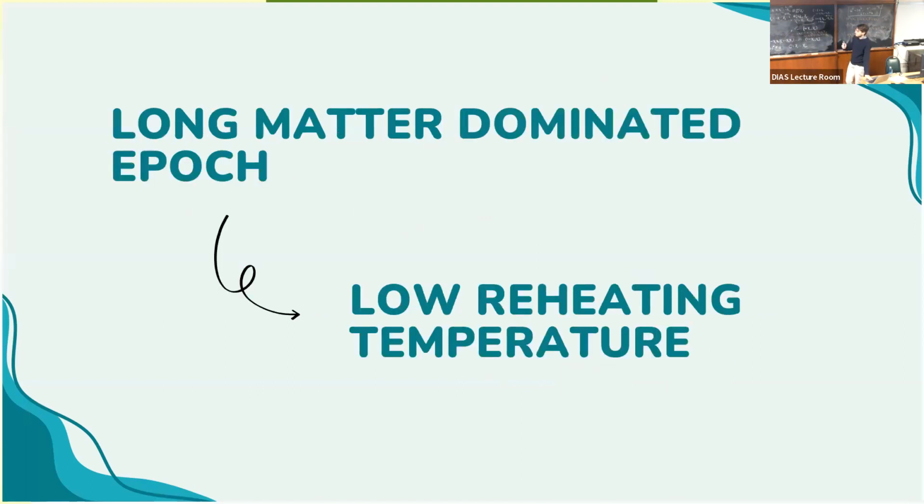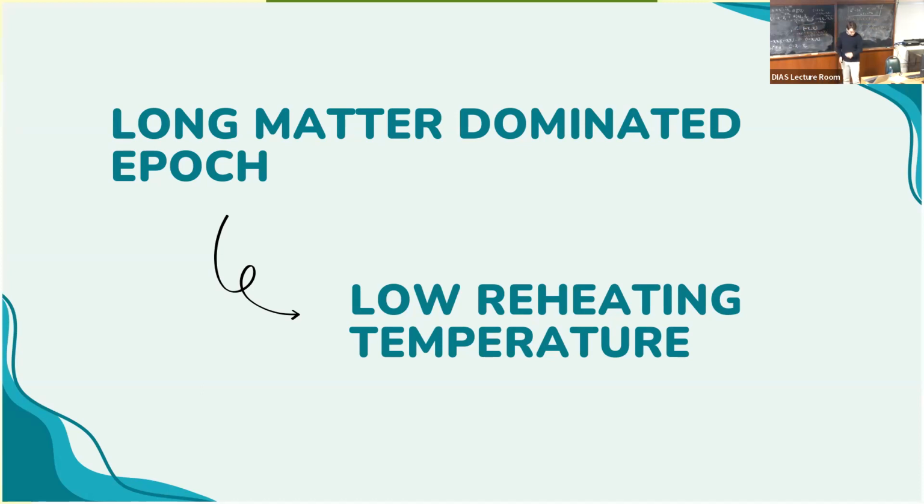Okay, so the point is that since this matter-dominated period seems to be long in order to dilute away the dark matter, we thought, okay, this means that the reheating temperature is low compared to what we normally have in mind, so the 10 to the 10, 10 to the 15 or whatever.